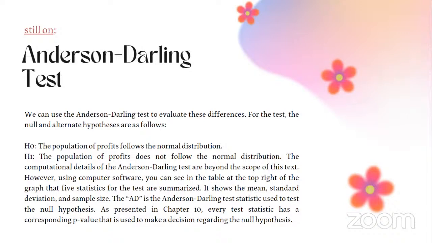However, using computer software, you can see in the table at the top right of the graph that statistics for the test are summarized. It shows the mean, standard deviation, and sample size. The AD is the Anderson-Darling test statistic used to test the null hypothesis. As presented in chapter 10, every test statistic has a corresponding p-value that is used to make a decision regarding the null hypothesis.